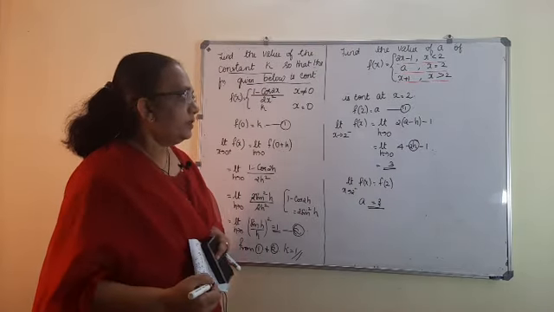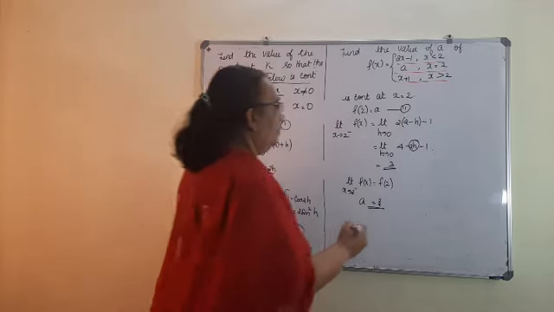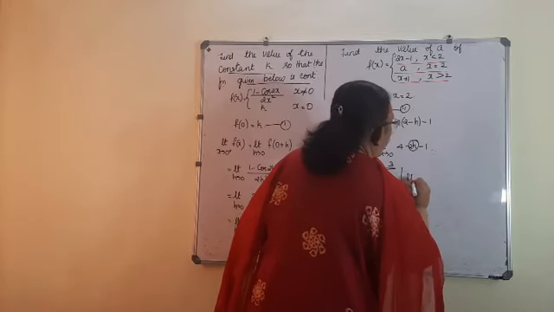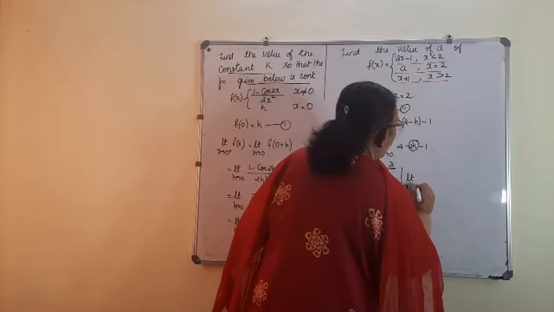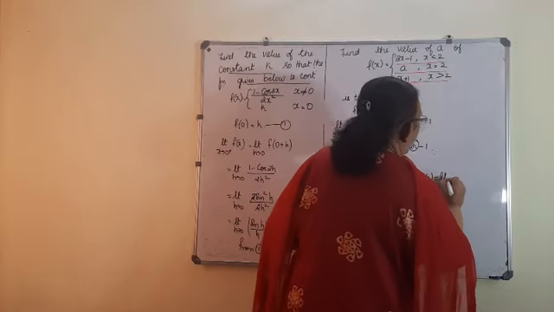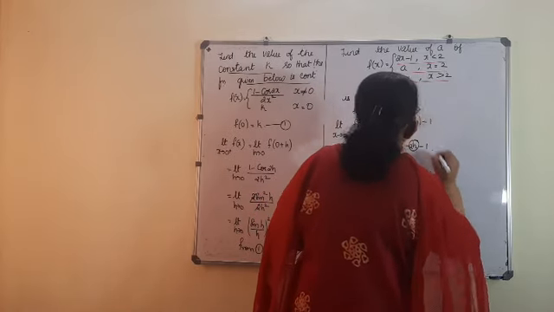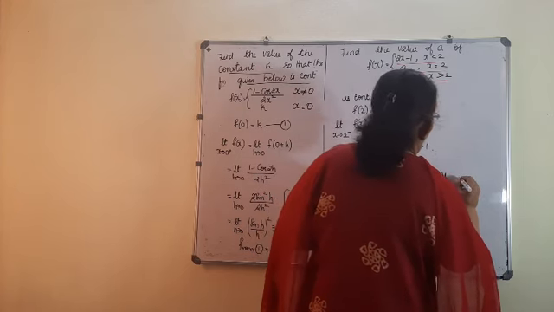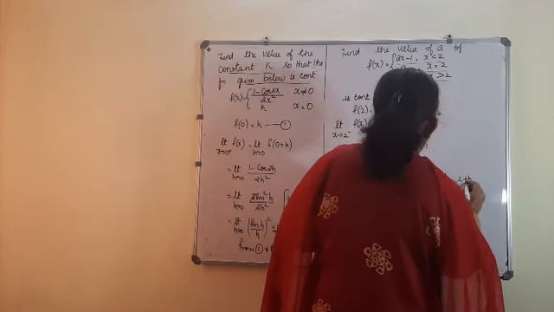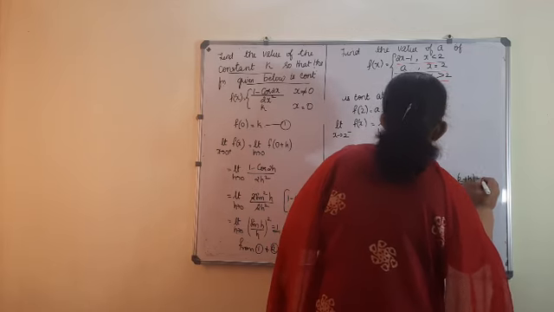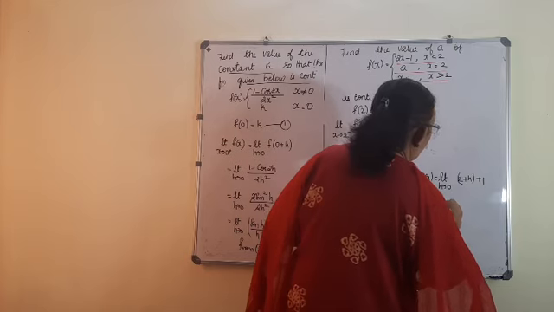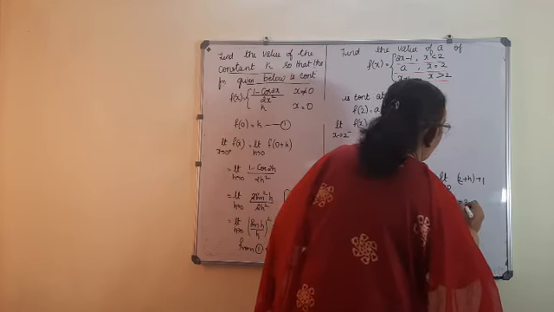Either you can take this one or you can take the right hand limit. I will show you the right hand limit. Limit x tending to 2 plus f of x is equal to limit h tending to 0, 2 plus h plus 1, which is equal to 2 plus 1 is equal to 3.